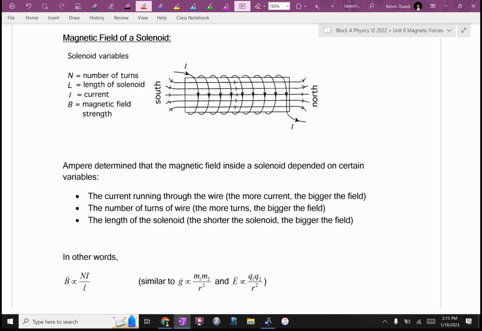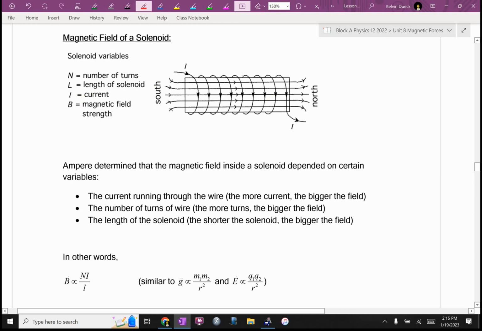It's a nice 1-to-1 relationship, which is really great because it means I can pinpoint how strong a magnetic field I want just by the number of turns of wire. Oh, you need a stronger magnetic field? By how much? By 30%? Let's just add 30% more wraps. Good to go.